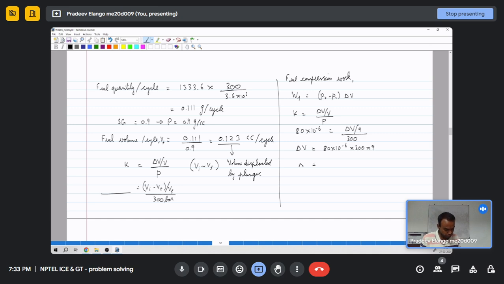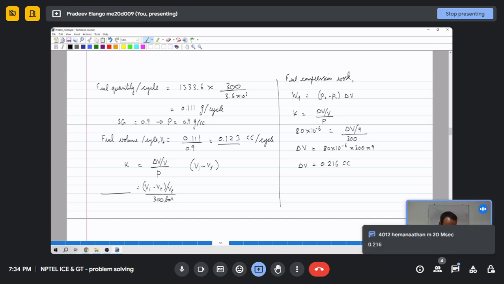When you calculate delta V, it is 0.21 cc.